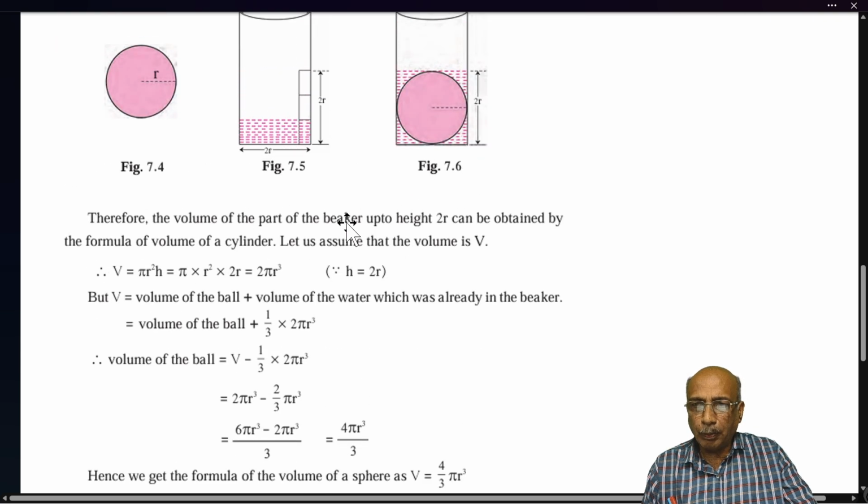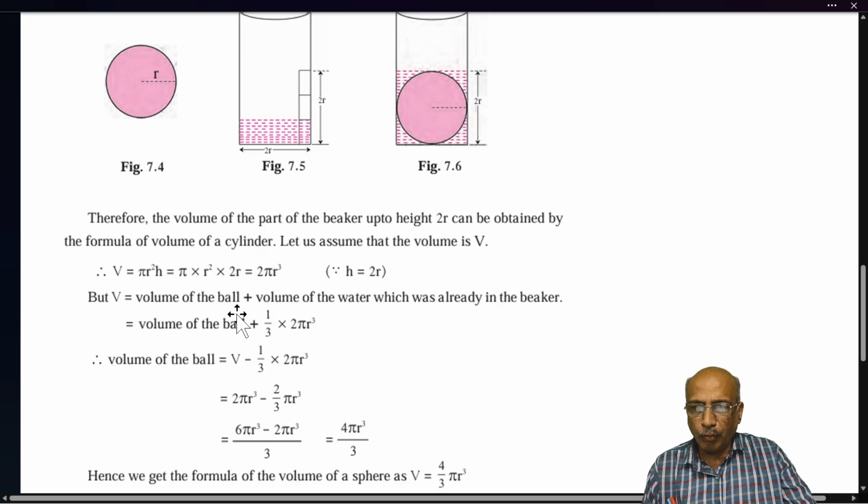Therefore, the volume of the part of the beaker up to height 2r can be obtained by the formula for the volume of a cylinder. Let us assume the volume is V. V equals pi r square h equals pi r square into 2r equals 2 pi r cube, since h equals 2r. The height of this cylinder up to here is 2r.